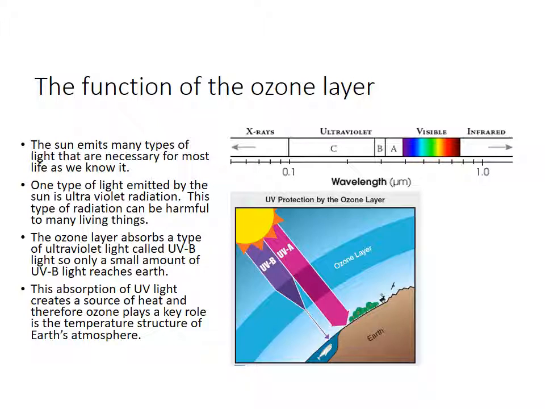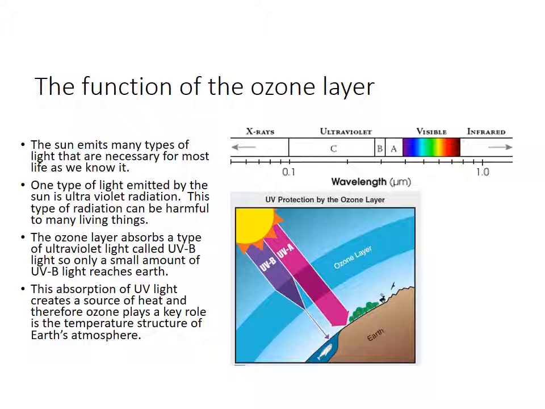Some of the sunlight rays that are harmful are the ultraviolet radiation, and ultraviolet radiation comes down from the sun, and one type in particular, UVB, can do a lot of damage to living things. The ozone layer functions so that those O3 molecules will absorb the UVB radiation, and the thicker your ozone layer is, the more of that UVB radiation will be filtered out.